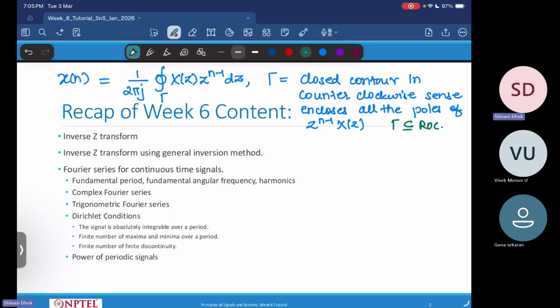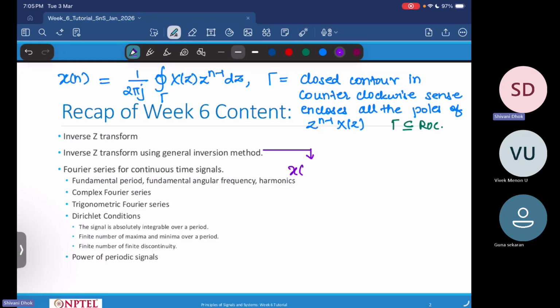Then we saw how to make use of this inverse Z transform expression to get the inverse Z transform using the general inversion method.